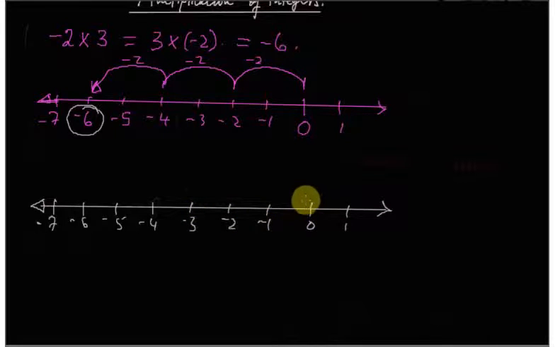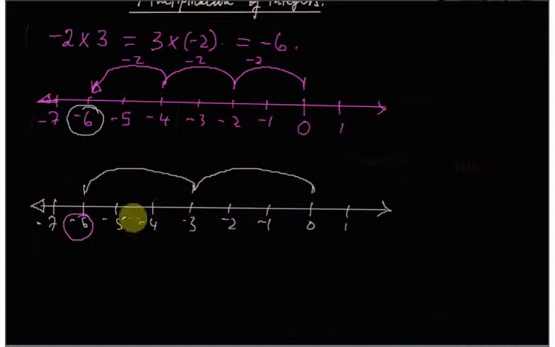So this is a group of 3 and another group of 3 in the opposite direction, in this direction. Groups of 3 twice in the opposite direction. So you're going this way and this way. So you land here, on negative 6.